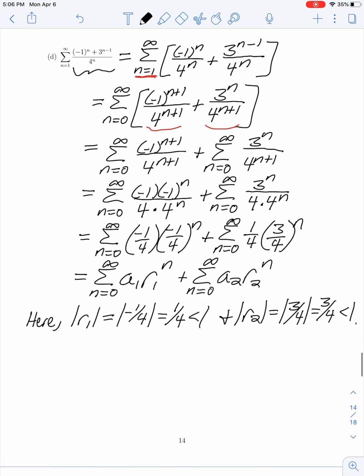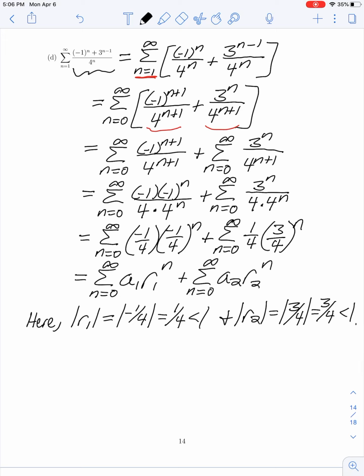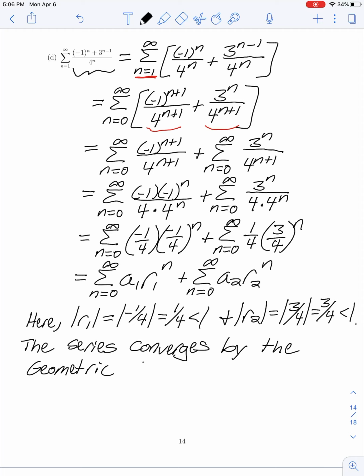So both of these geometric series converge, which means that the sum of those two series also converges. So we can say that the series converges by the geometric series test.